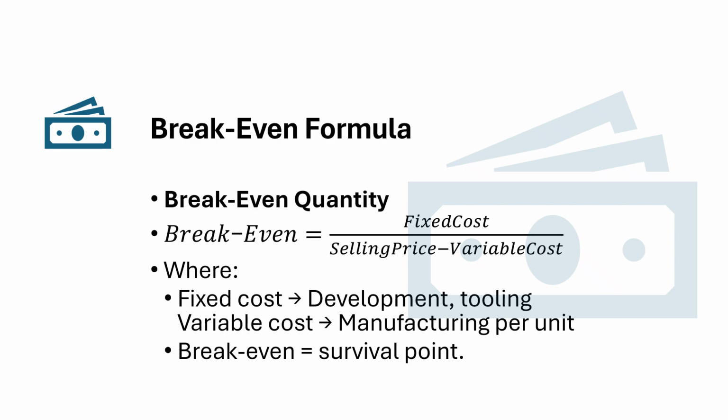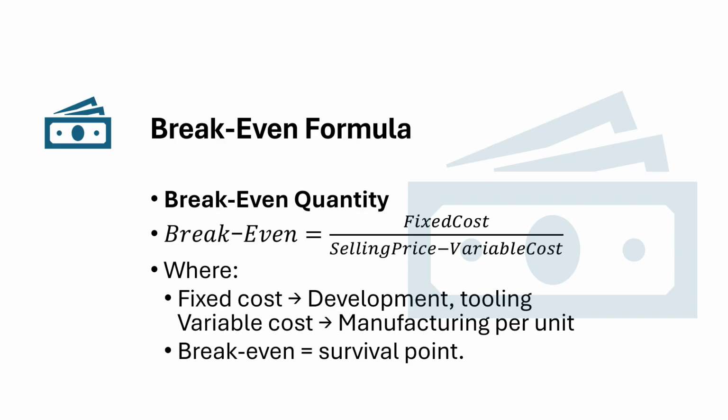So now let us formalize this idea. The break-even quantity is calculated as the fixed cost divided by the difference between the selling price and variable cost. In other words, break-even equals the fixed cost divided by the contribution margin.